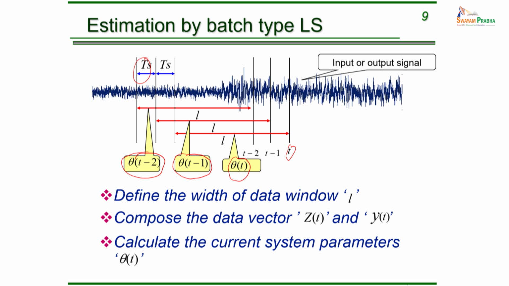If the parameters of the system hardly ever change, then you may even want a shorter data window. So given the width of the data window, you compose the data vectors z and y and calculate the system parameter theta hat.